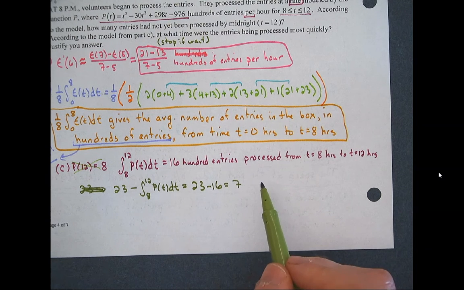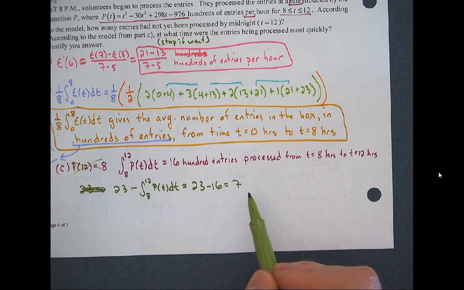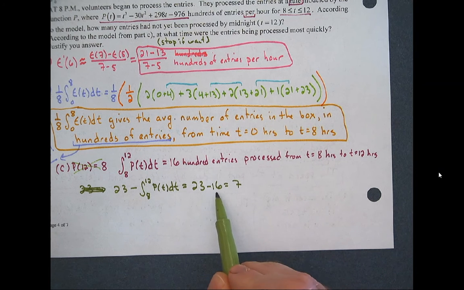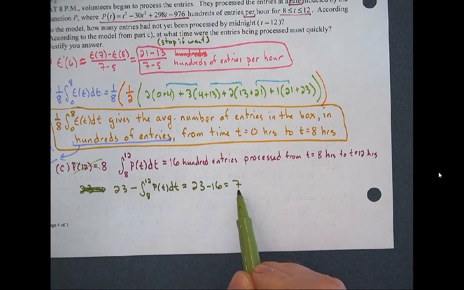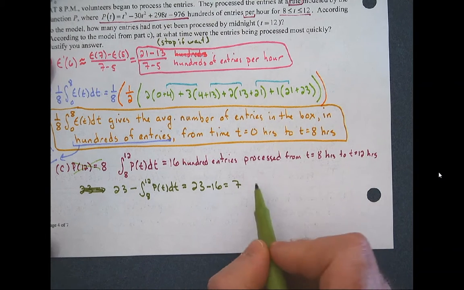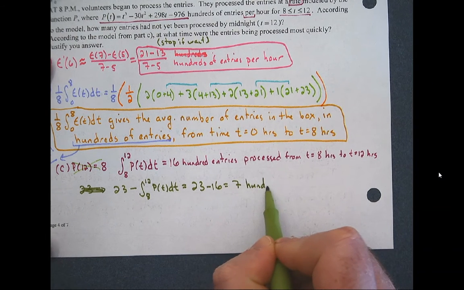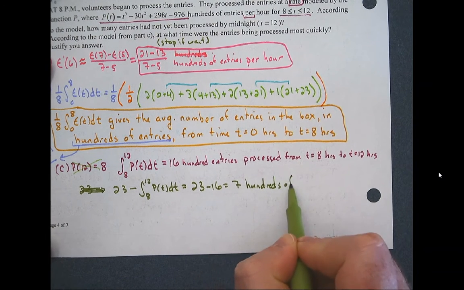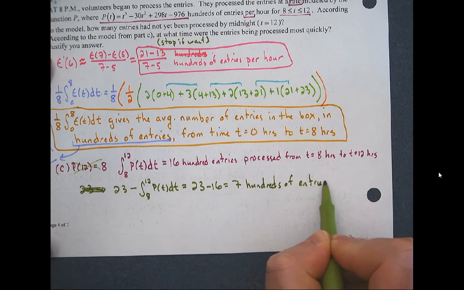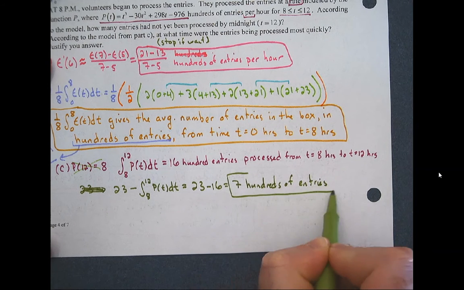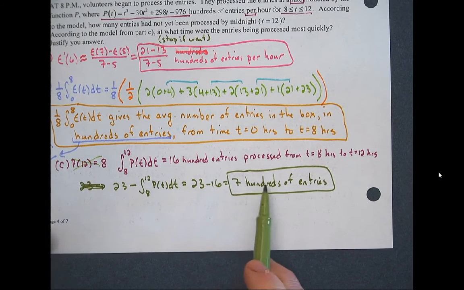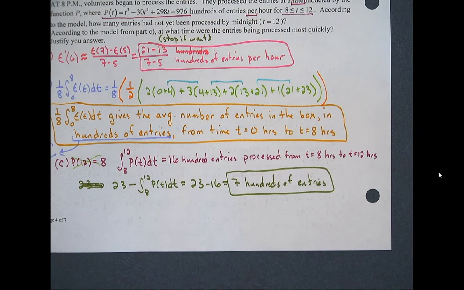Could you put 700? Yes. No, you couldn't, because 23 minus 16 is definitely not 700. So we have to write 7 and then put the 100 with this. Hundreds of entries. I think you could just write 700 entries. I don't know if you have to have that "of" in there.